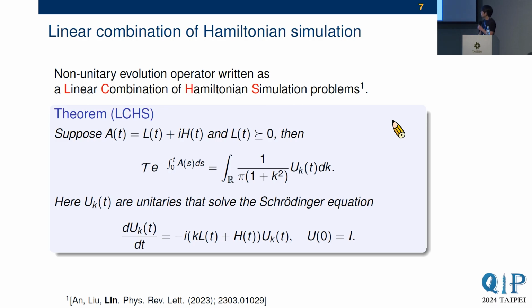The main result for the LCHS is that you give me this A, I have access to L and H, and L is positive semi-definite for all t. Then the following identity holds, which means that the time-ordered propagator is given by this integral, a linear combination in the sense of a continuous thing, of 1 over 1 plus k squared, a known kernel, times U_k(t), where U_k are propagators corresponding to a Hamiltonian simulation.